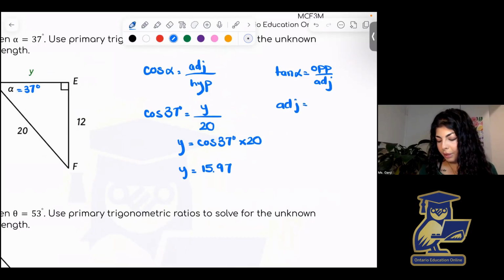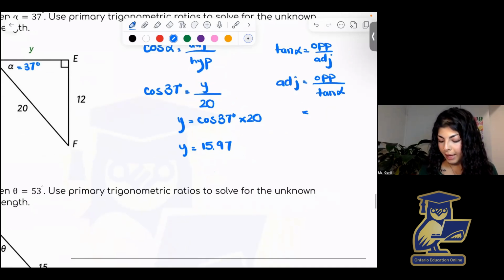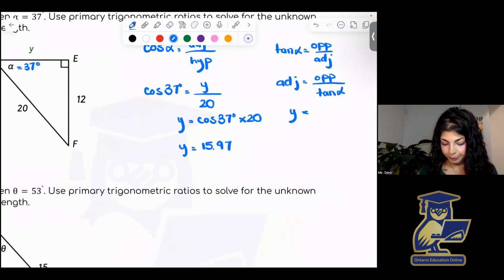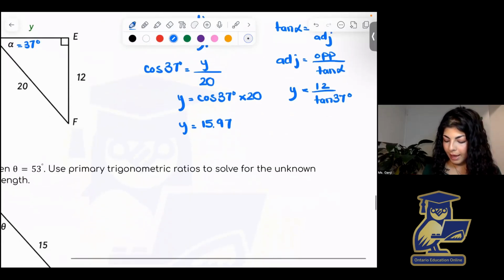I should get the same result using the tangent, but in this case, because I'm solving for adjacent, just to do a little bit of rearranging, this is going to be equal to opposite divided by tangent. So then y is equal to 12 divided by tangent of 37 degrees. Let's check this now. And that's precisely what I get.